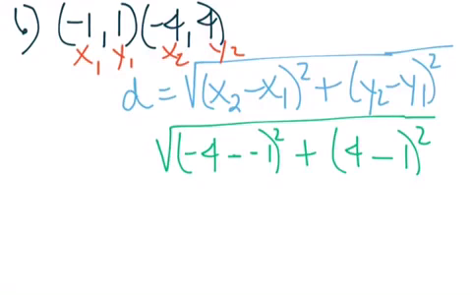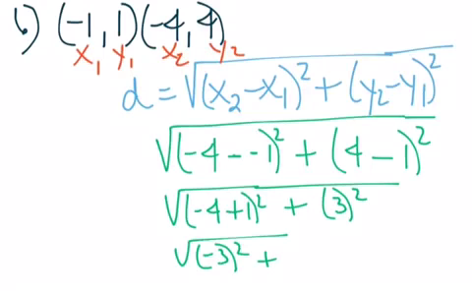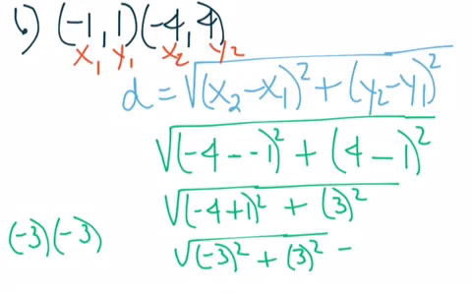Negative 4 minus a minus 1 is negative 4 plus 1. Plus 4 minus 1 is 3 squared, because order of operations says we have to do what's inside the parentheses first. So negative 4 plus 1 is negative 3 squared plus 3 squared. Well, negative 3 times negative 3 is a positive 9.